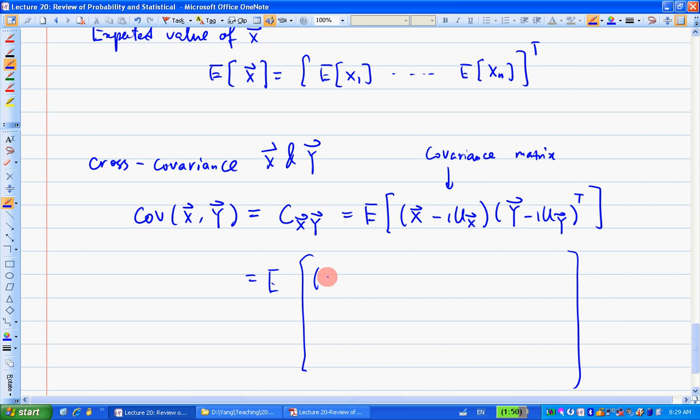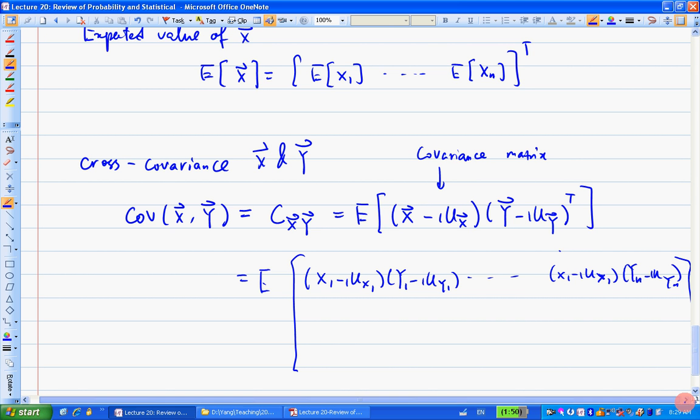So that's going to be x1 minus mu x1 times y1 minus mu y1, and then keep going up to x1 minus mu x1 and then yn minus mu yn. Finish the bracket there. That's the first row.